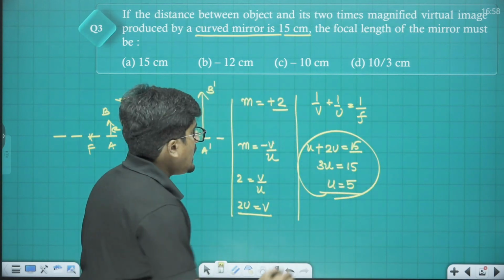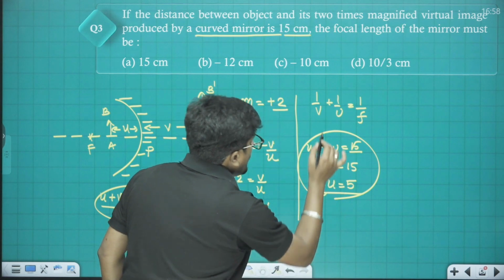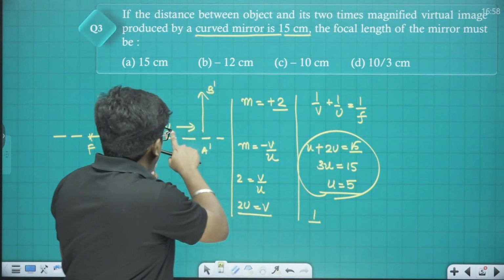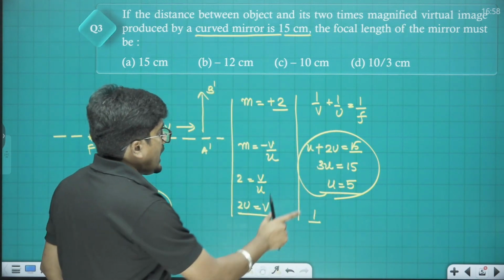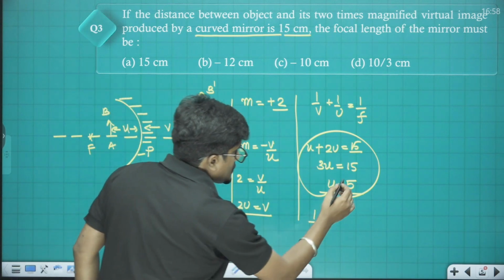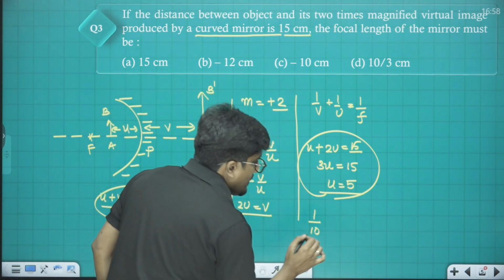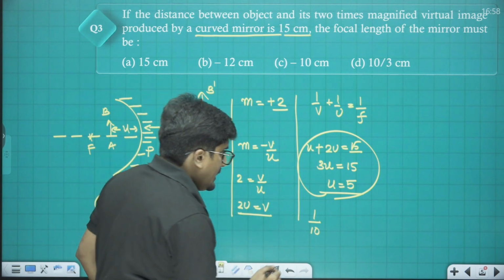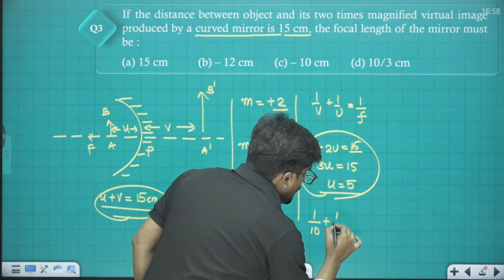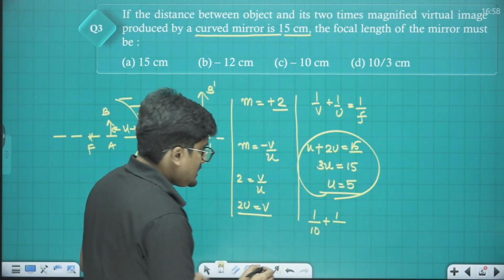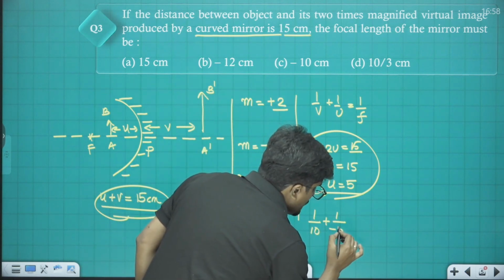1 upon V. V is towards right, so that's going to be positive, and V is 2 times U. So this is plus 10. 1 upon 10 plus 1 upon U. U is towards left. That's why this needs to be minus of 5.